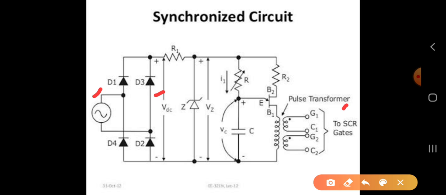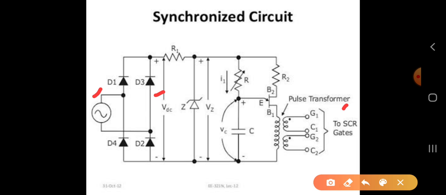The rectifier is used to convert AC to DC. So the negative half cycles of the AC are converted into positive half cycles, and everything comes in the form of positive half cycles because of this rectifier.